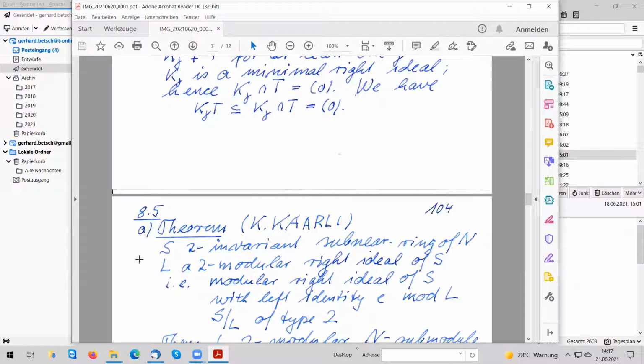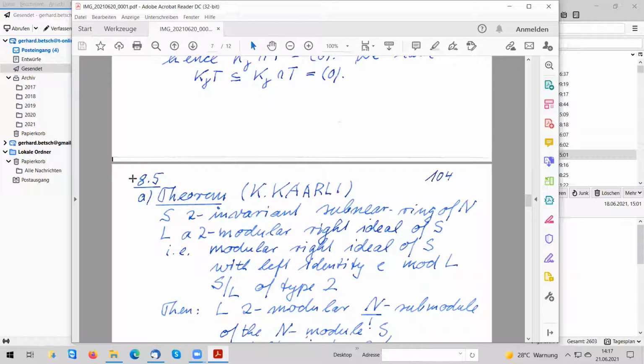This theorem of Cayley says: let S be a 2-invariant subnear-ring of N, and L be a 2-modular right ideal of S, which means it's a modular right ideal of S with left identity e modulo L. And let S modulo L be of type 2.